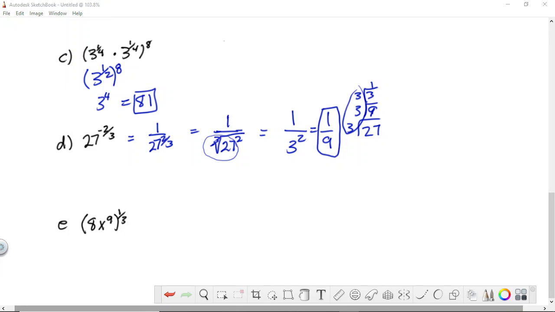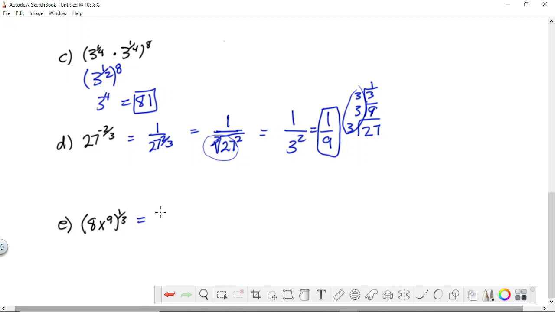One more. We have 8x to the 9th to the 1/3 power. Okay. So we have some exponent arithmetic to do here.